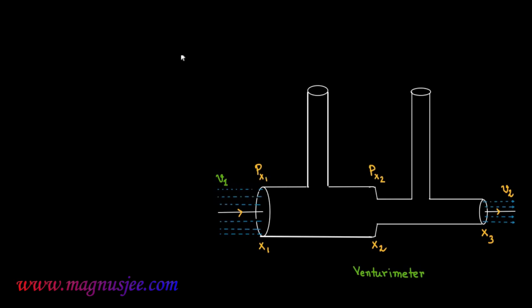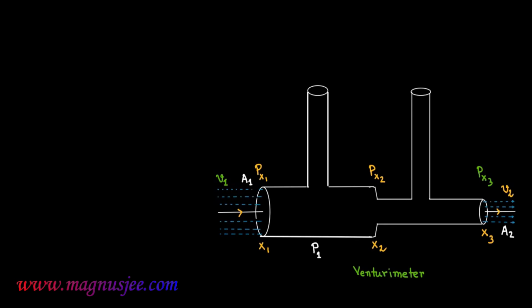Px1 and Px2 are the liquid pressures at the ends X1 and X2 of the first horizontal pipe, and Px3 is the liquid pressure at the end X3 of the second horizontal pipe X2X3. A1 and A2 are the areas of cross section of the two pipes.